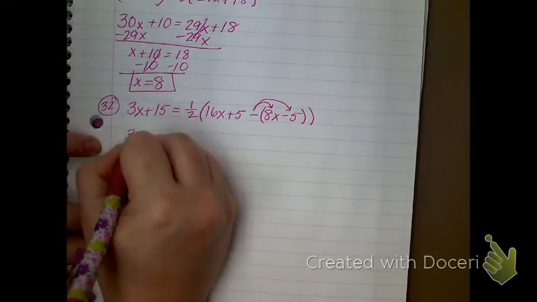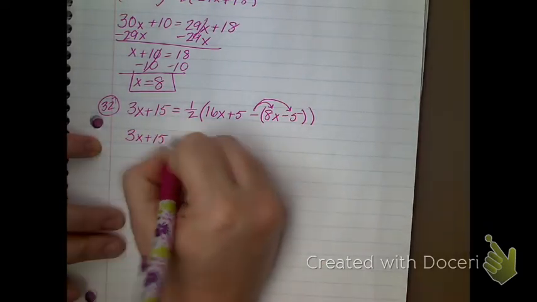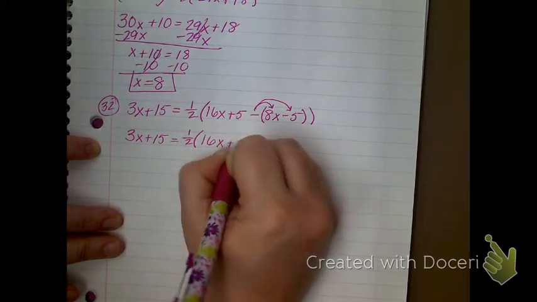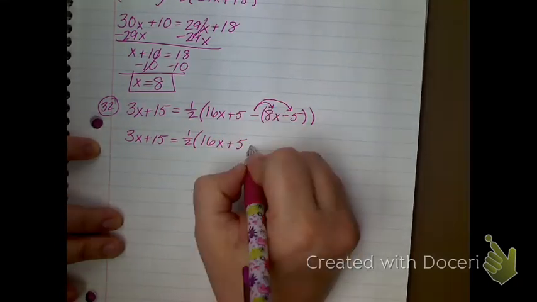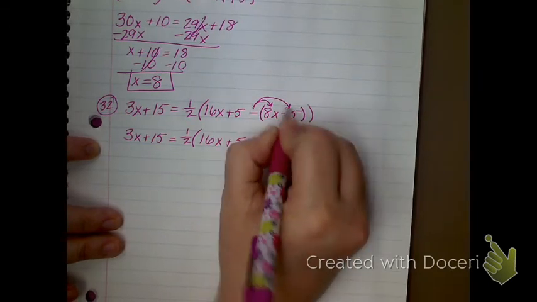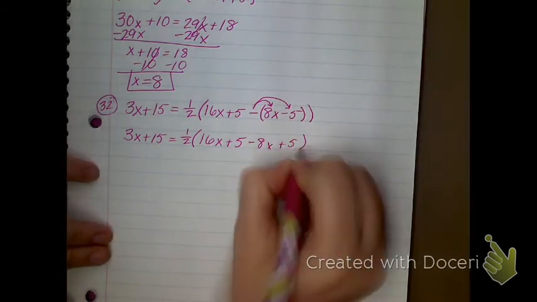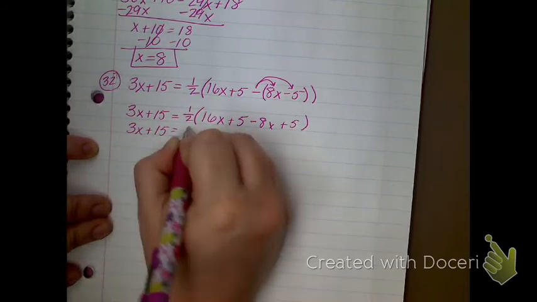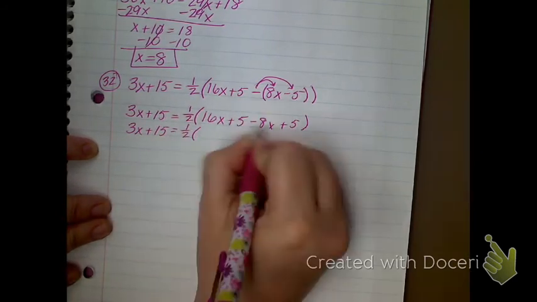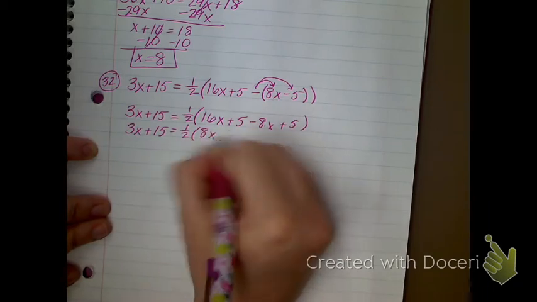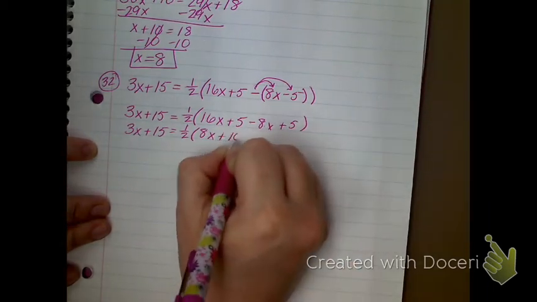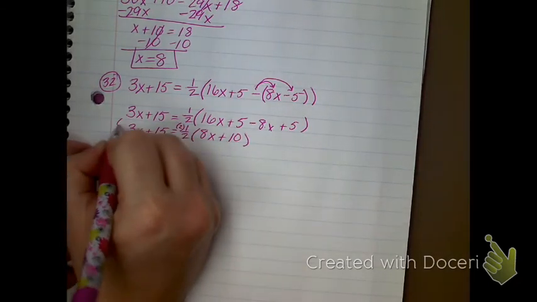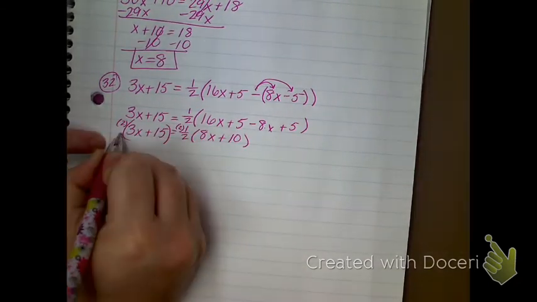So I have 3x plus 15 equals 1/2 of 16x plus 5 minus 8x plus 5. So let's simplify that a little bit more. 3x plus 15 equals 1/2 of 16x minus 8x is 8x, and 5 plus 5 is 10. So I'm going to multiply by 2 to get rid of that. And again, if I'm multiplying by 2 over here, I have to multiply everything.